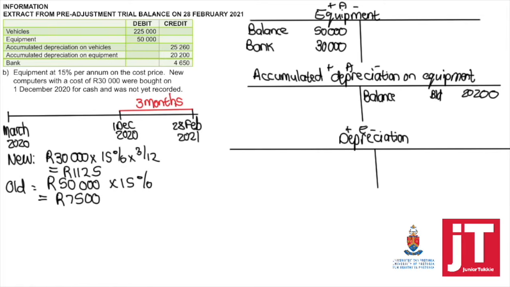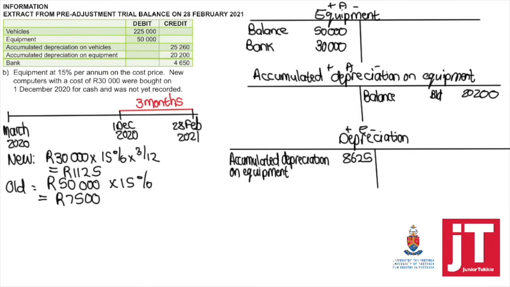Don't forget, before we continue, always make sure that you check, does your total depreciation, if it's added to the accumulated, exceed the cost? Does your depreciation exceed the book value? Those are the things that you need to check.